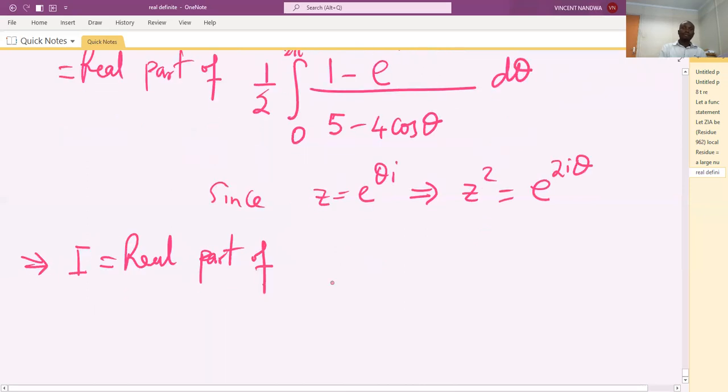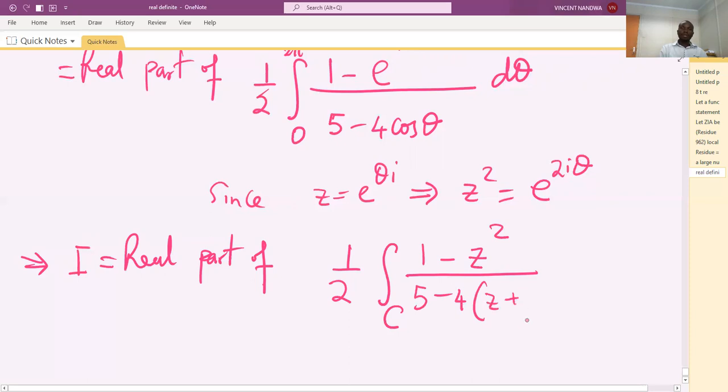a half integral, now along C. Now I want to transform everything in terms of z. So it will be 1 minus z squared over 5 minus 4, but where there's cos theta, we have said it is the same as z plus 1 over z, and then d theta is the same as dz over iz.